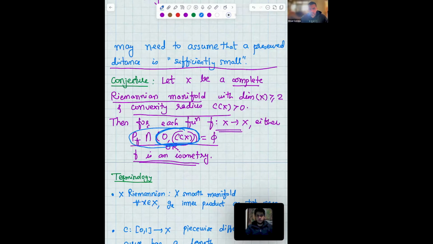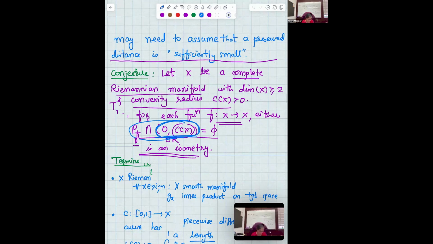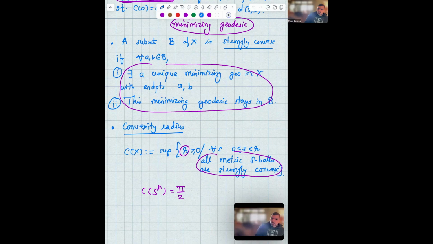I have a related question. What was the definition of this convexity radius Cx? I can imagine what it would be in a simple example.